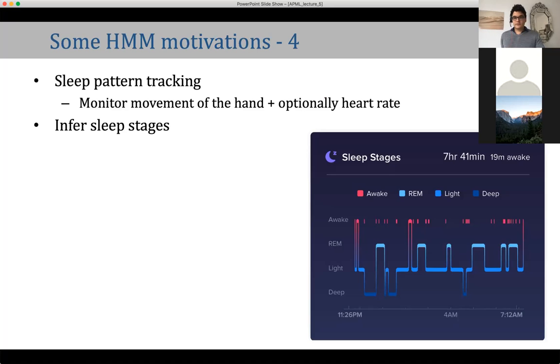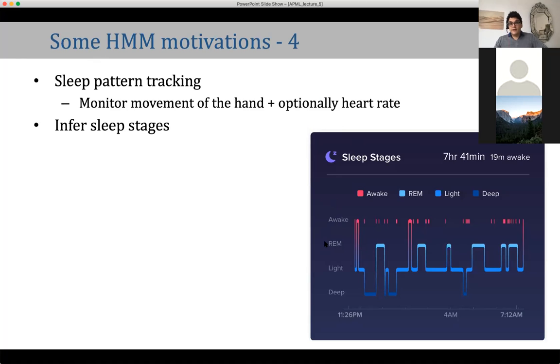I don't know if you use those smartwatches, but that's a very good example for summarizing what an HMM can do. When you're checking your sleep pattern now, all of those smartwatches have some accelerometer. I have one, in fact. So you have some accelerometer in the watch, so it can monitor the movement of your hand.